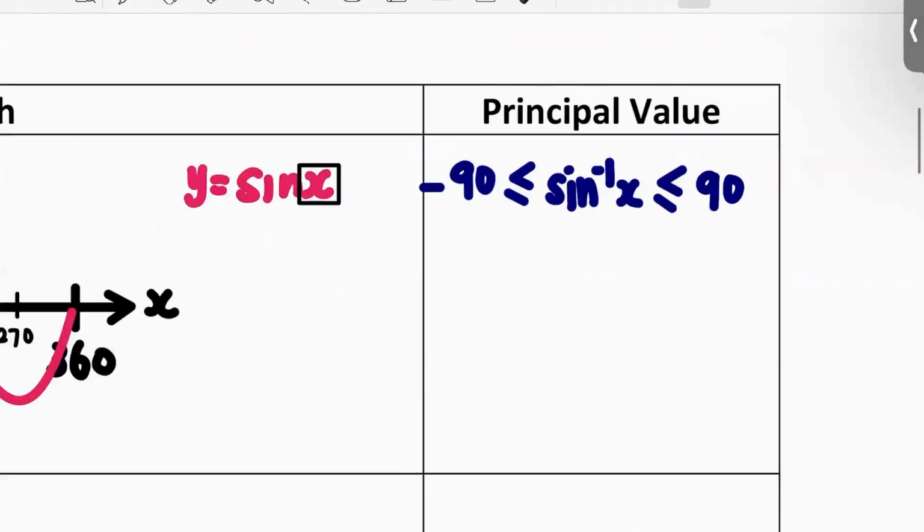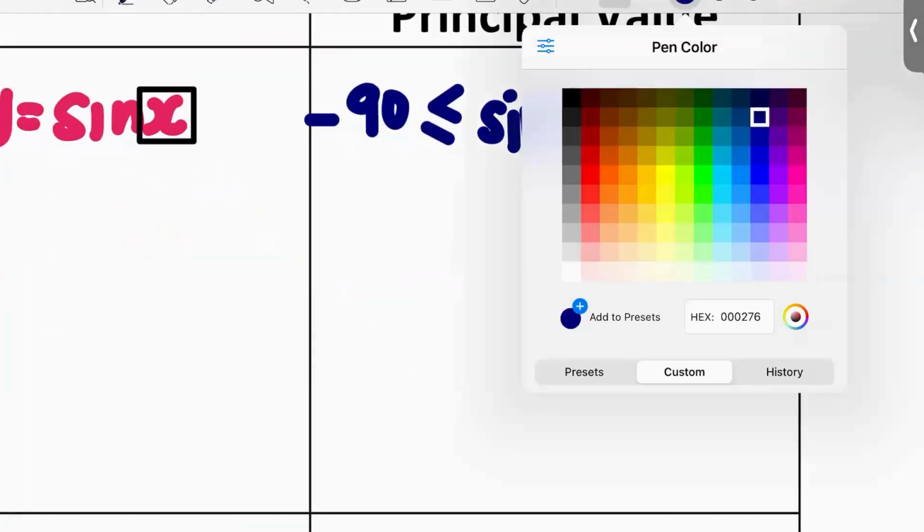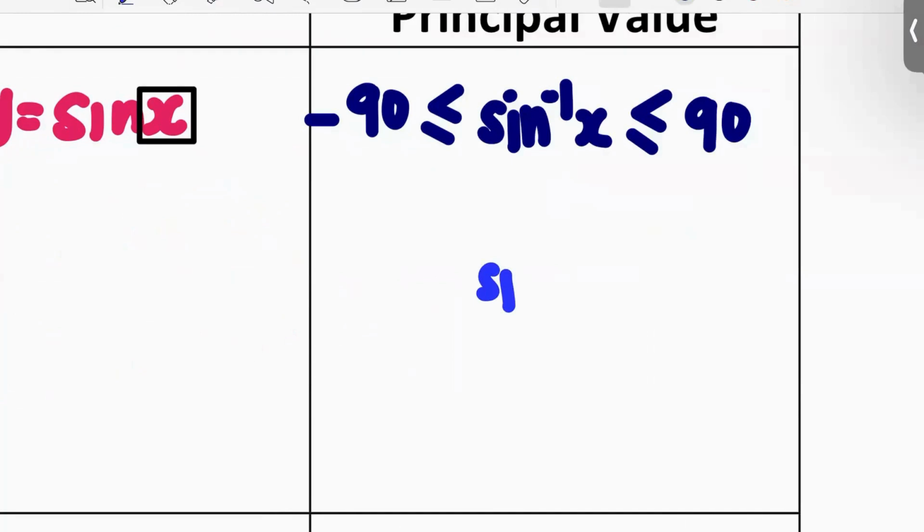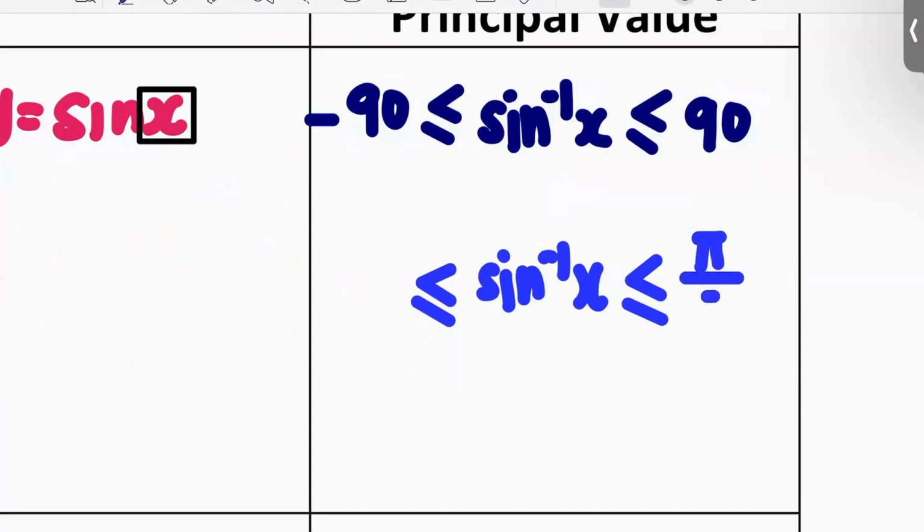We can also change this. If I need to write this in radian mode, what is 90? Pi is 180, correct? So this is pi over 2, and this is negative pi over 2.